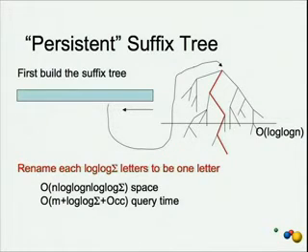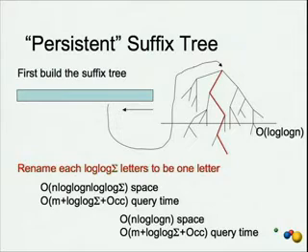But actually, it can be reduced as well. Then actually, it can be done in O(n log n) space. And for the query, we still have a problem when the pattern is less than log sigma. Then it will be m plus log sigma plus occurrence.